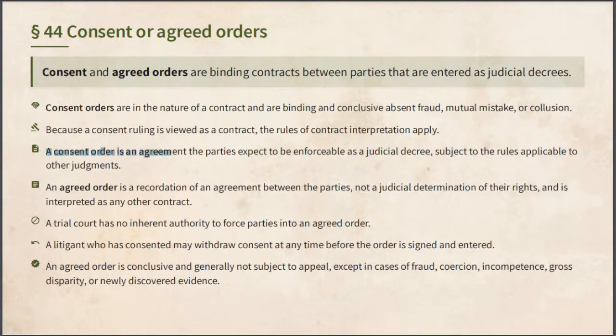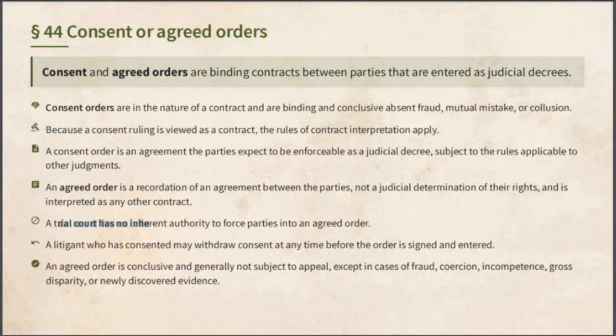A consent order is an agreement the parties expect to be enforceable as a judicial decree, subject to the rules applicable to other judgments. An agreed order is a recordation of an agreement between the parties. So you're recording a new agreement, not a judicial determination of their rights, and it is interpreted as any other contract.